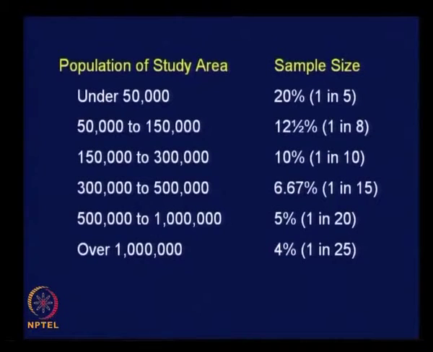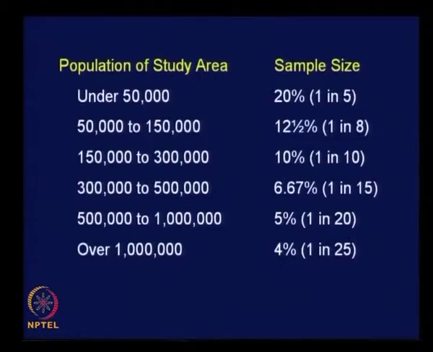So when the city's population is 50,000, within 50,000 you are going to have so many categories of people with a wide range of income and a wide range of socio-economic characteristics. So if you want to capture all these variations within this small population, obviously you must capture more number of households, isn't it, covering all these variations.